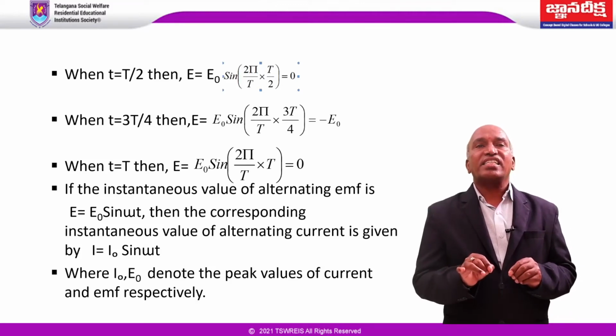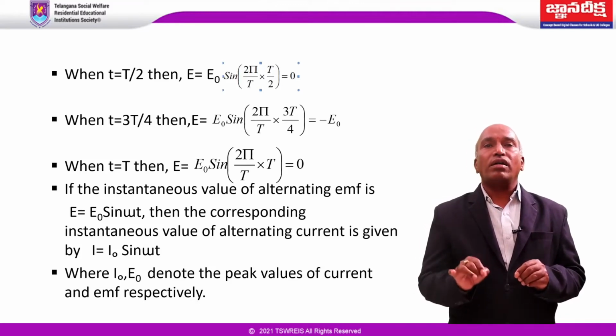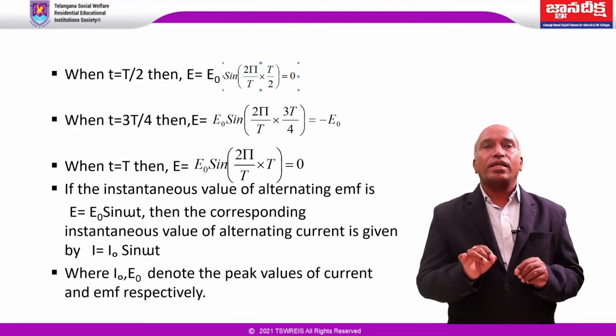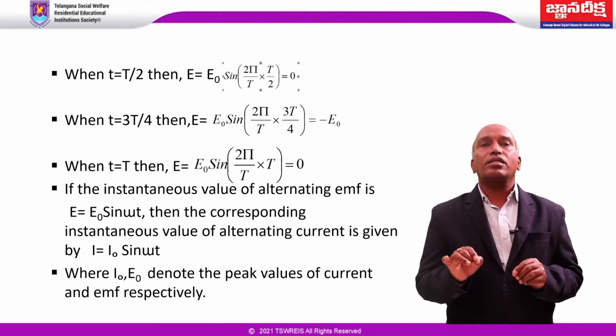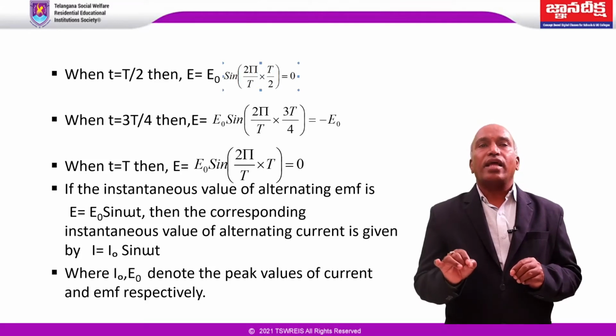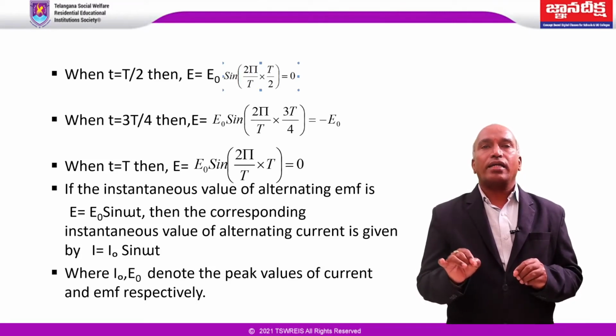If the instantaneous value of alternating EMF is E equals E0 sine omega t, then the corresponding instantaneous value of alternating current is given by I equals I0 sine omega t, where I0 and E0 denote the peak values of current and EMF respectively.